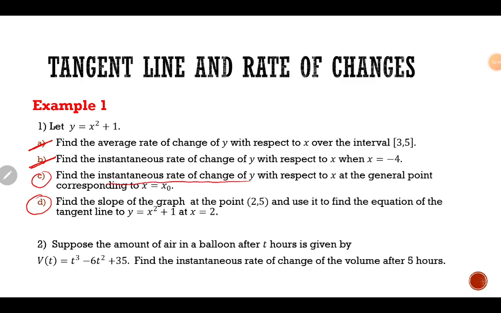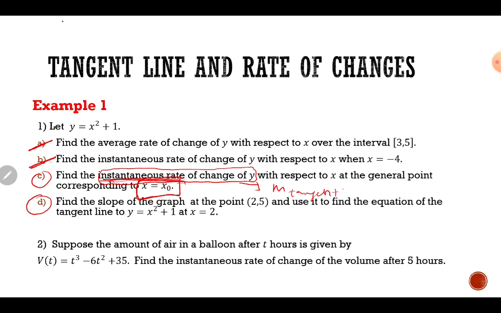With the word instantaneous, it indicates that we are looking for the slope of the tangent line, or in other words, the instantaneous rate of change of y with respect to x at the general point x equals x naught.